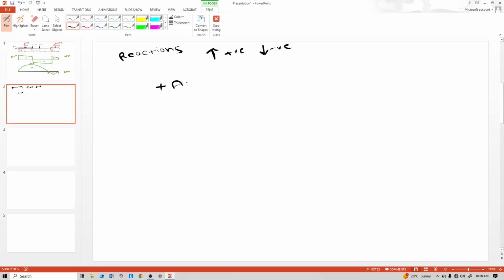AY is vertical, BY is also vertical. 50 is downward, that's why minus sign. Minus 50, minus 100, again minus 50, and minus 37.5 equal to 0.